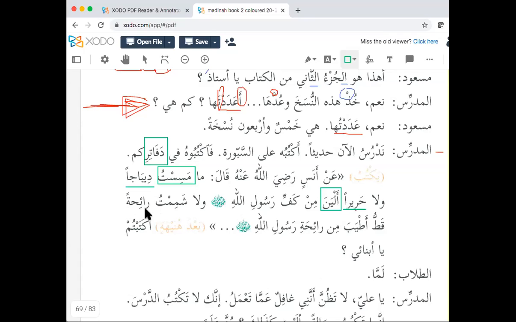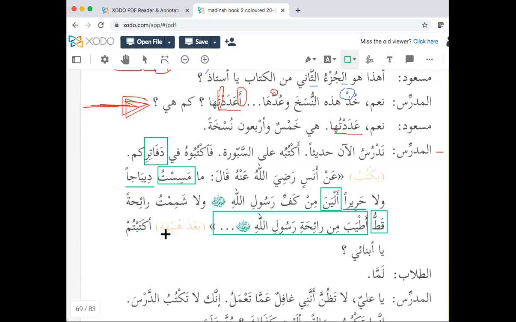I have not ever smelt رائحة, a smell. قط means ever. If you ever see the word قط, it means ever. I never smelt a smell أطيب من رائحة رسول الله صلى الله عليه وسلم, better or sweeter than the fragrance of the Messenger of Allah sallallahu alaihi wasallam.